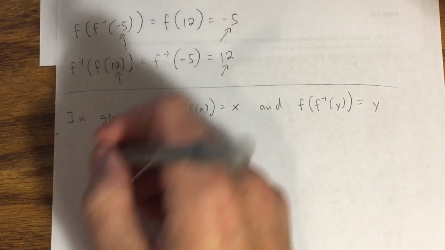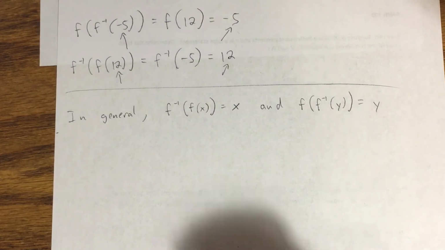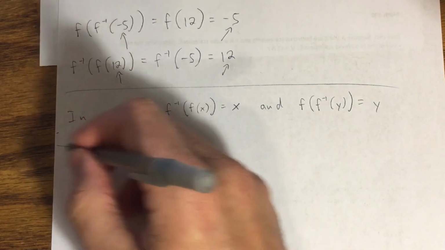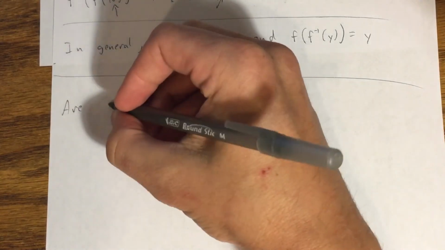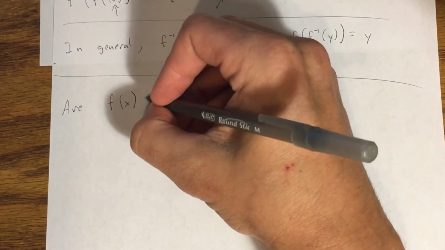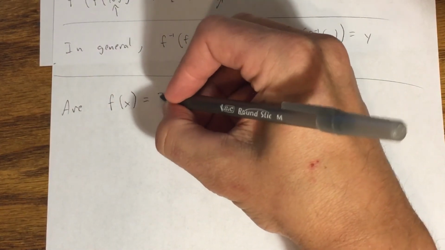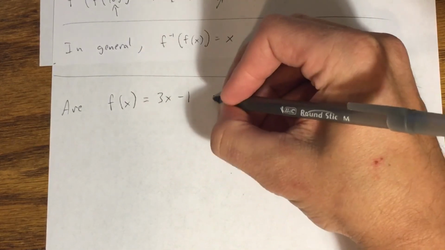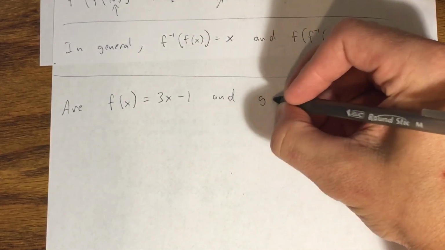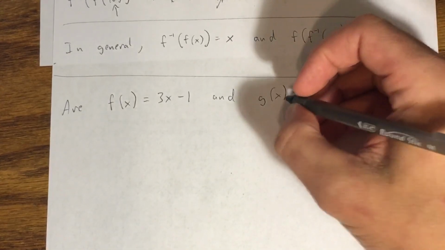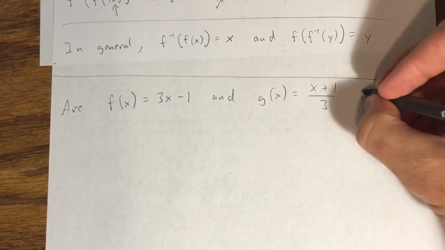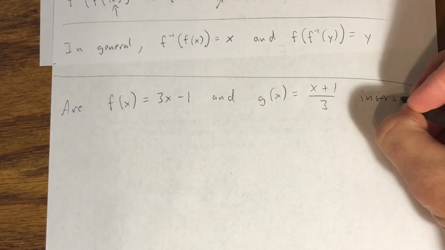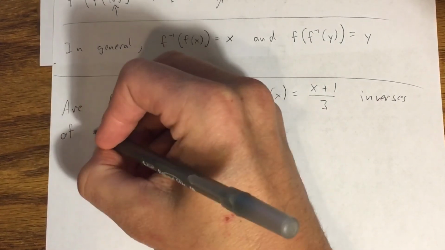As a final example, let's see if we can determine if two functions are inverses of each other. Are f of x equals 3x minus 1, and g of x equals x plus 1 over 3, inverses of each other?